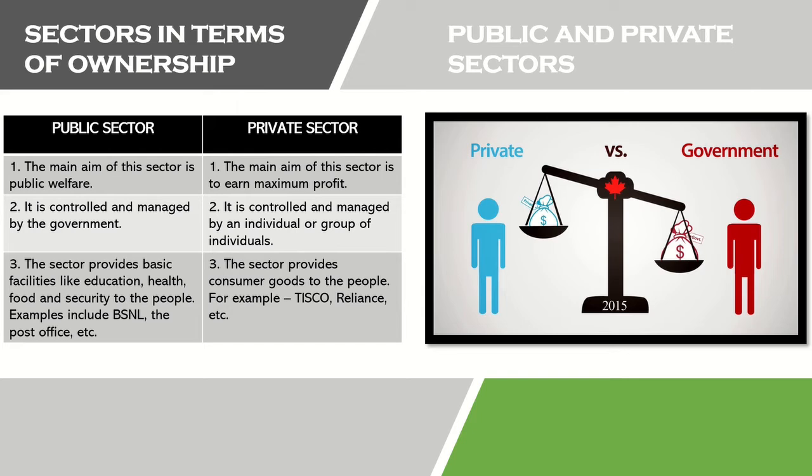Public sector is controlled and managed by the government, but private sector is controlled and managed by an individual or group of individuals. The public sector provides basic facilities like health, education, food and security to the people. Examples, BSNL, post offices, etc. But the private sector provides consumer goods to the people, for example, Tisco, Reliance, etc.